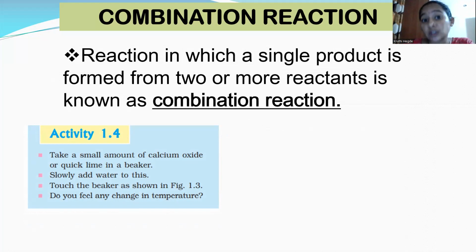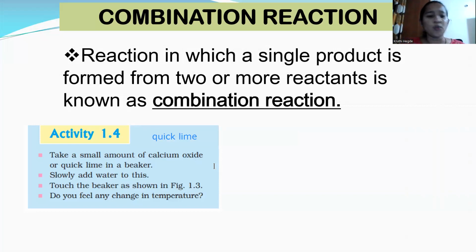This calcium oxide is also called quicklime. Quicklime, okay, you should remember this. So this calcium oxide is taken in a beaker. To this, slowly we need to add water.